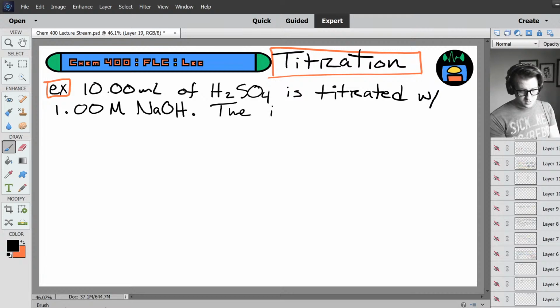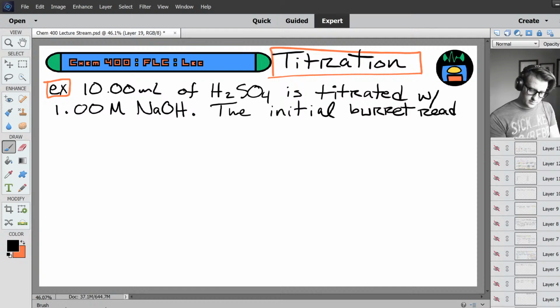The initial burette reading was 0.27 milliliters.